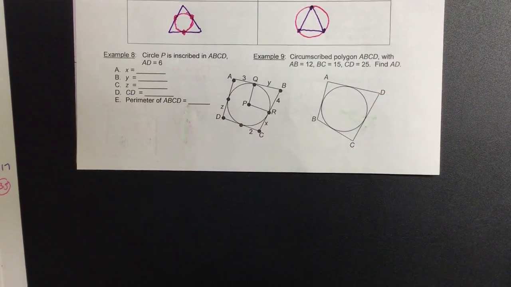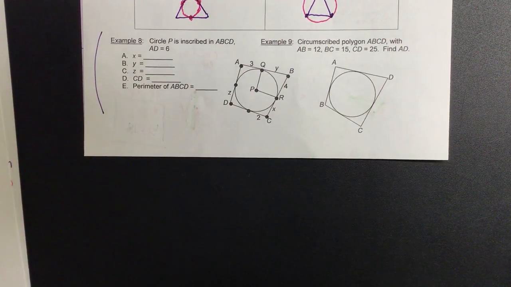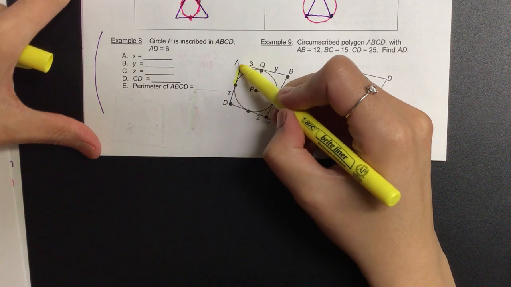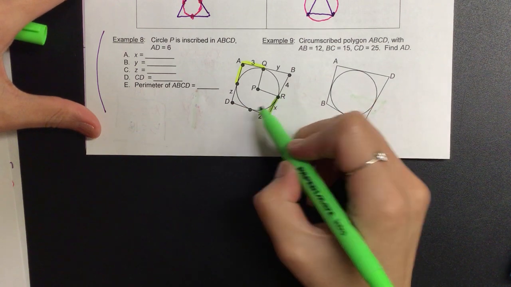All right, last one, number 8. Let's try that one with a partner. Talk to your neighbor. Circle B is described in ABC. Did you know that? All right, AD is 6. We have 4 different ice cream cones, if that maybe helps. Color coordinating.